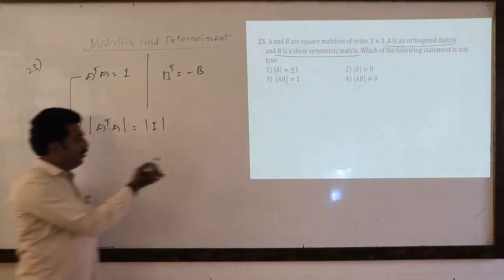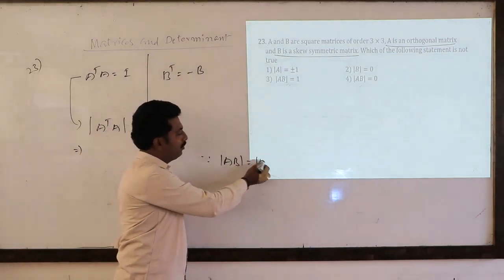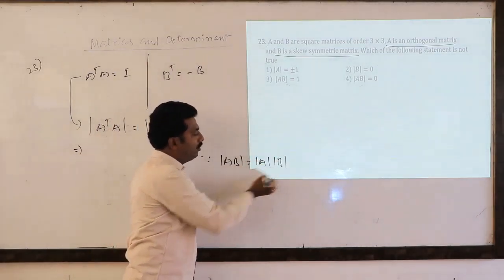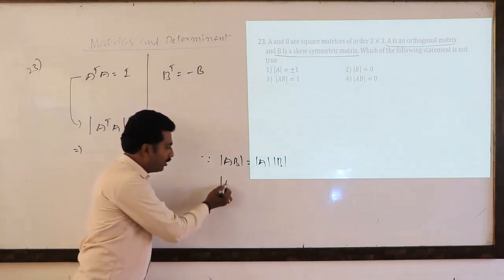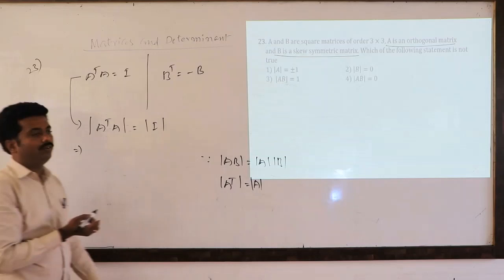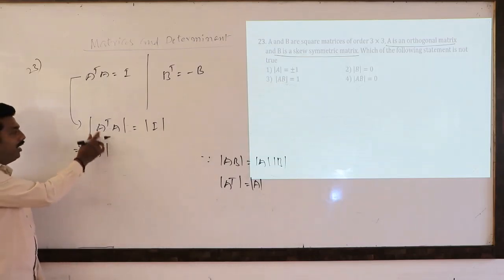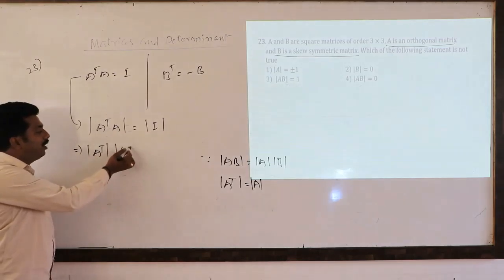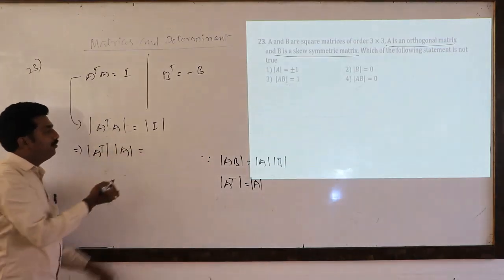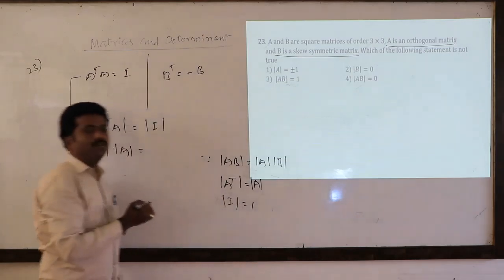Determinant of AB equal to determinant of A into determinant of B. At the same time, determinant of A transpose equal to determinant of A. Determinant of identity matrix is always 1.